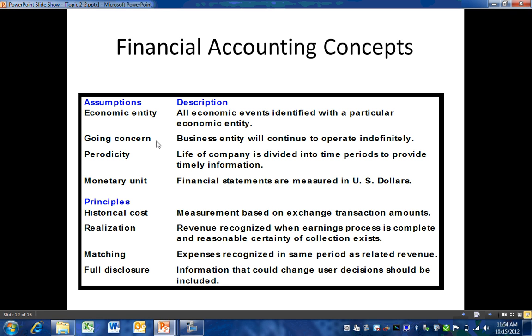And we have our going concern assumption. The business will continue to operate indefinitely, that we can report in given time periods or periodicity.